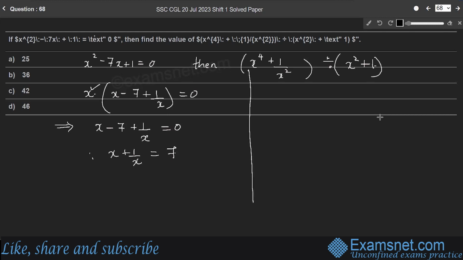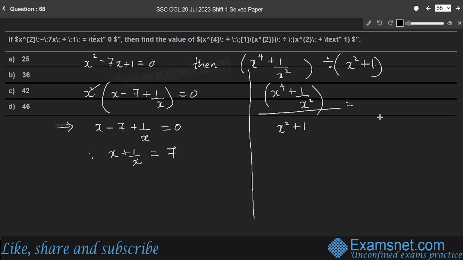Now, consider the expression x raised to 4 plus 1 by x square, divided by x square plus 1. Here, multiply both numerator and denominator by x. There will not be any change in the value.